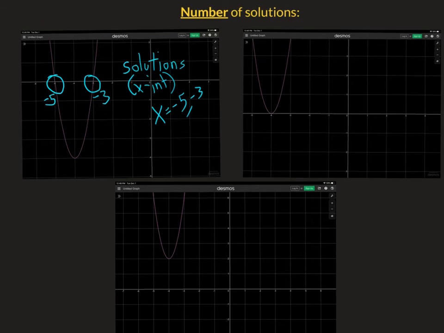What about this one? That probably looks a little different. It's not double crossing with both arms over the x-axis. So what is our solution here? It's this guy. And notice, if our parabola can be moved around, which it can be shifted left, right, and it can be shifted up, down, there might only be one solution sometimes, and in this case, it's just -4.